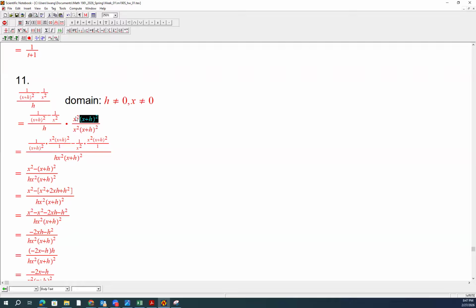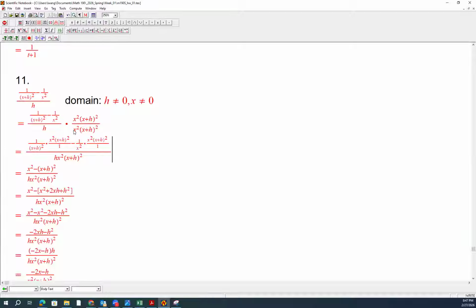And then we distribute the numerator here to the first term on the numerator, which is x squared multiplied by x plus h squared. The over 1 is not necessary, but if that helps you see better, you can do that. So you take that same common denominator to multiply 1 over x squared, so you get to this point.